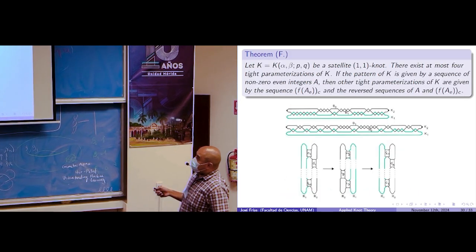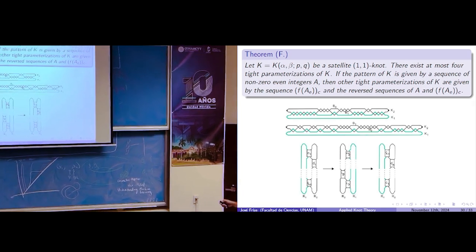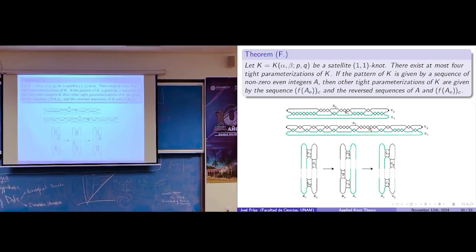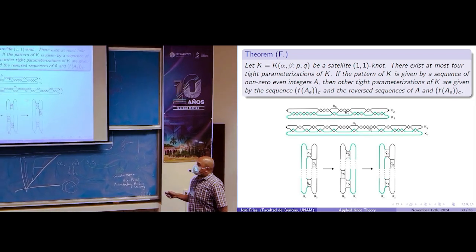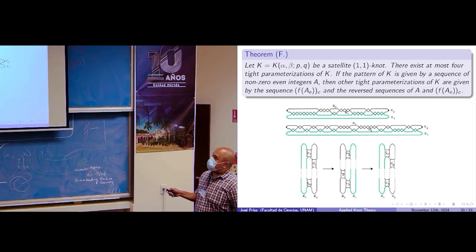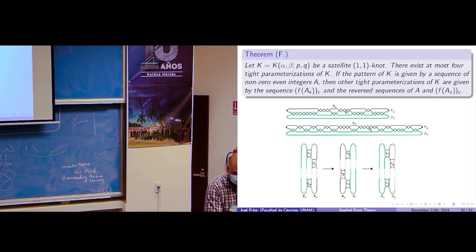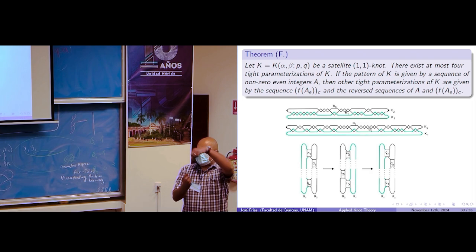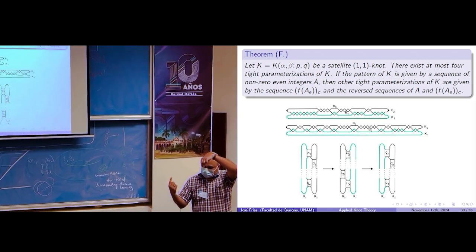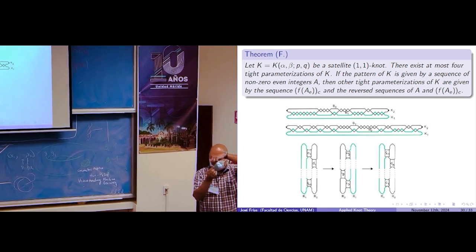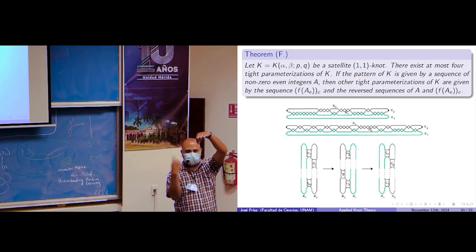But the important part here is that in this case, the number of parameterizations is at most 4. We have 4 parameterizations for this knot, and in fact they are related. I'm going to explain how they are related. To construct this Geoboard model, we start with a vertical arc and the other winding around, right?